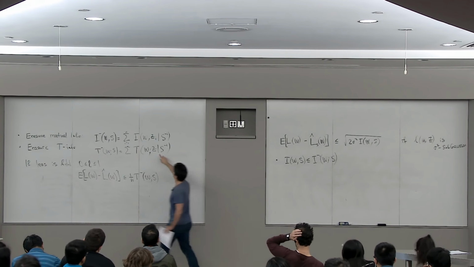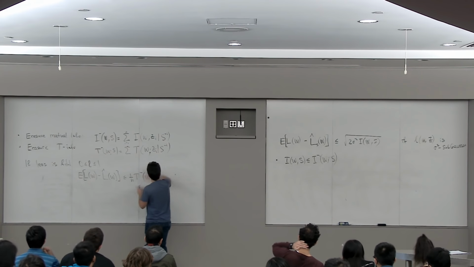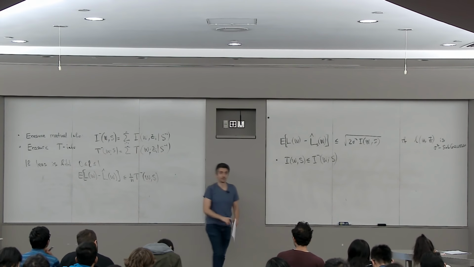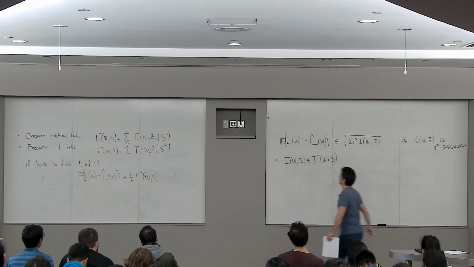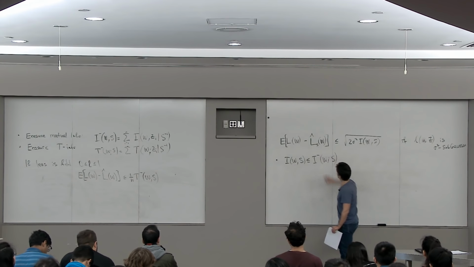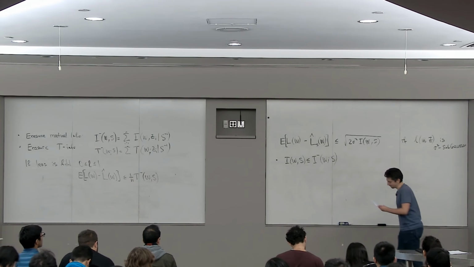So I'm assuming that each random variable Z_i is independent of the rest of the data set. Right? Okay.